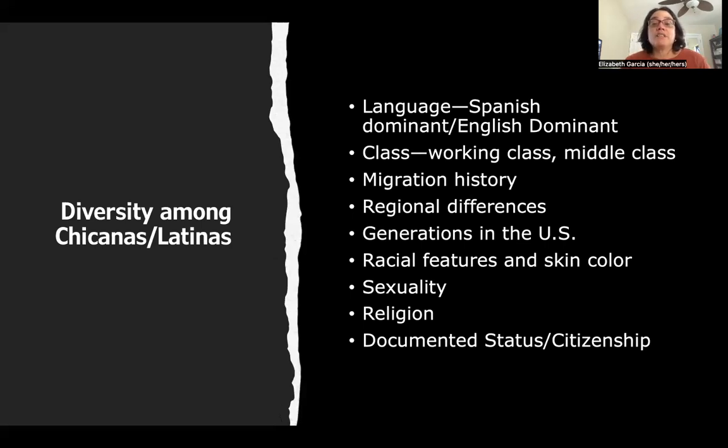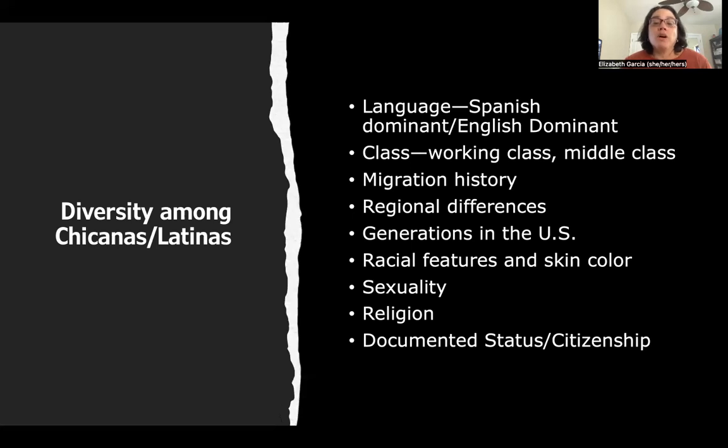There are class differences. There are people who are from working class, middle class, upper middle class, and so on. There's a difference in migration history, whether they are the first generation to migrate to the United States, or their parents were, or they're fourth generation living in the United States. There are also regional differences, as I mentioned before. There are people who are from Chicago, people who are from California, people who are from Texas.